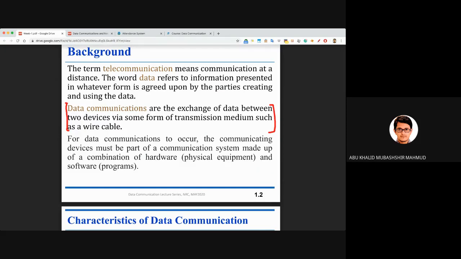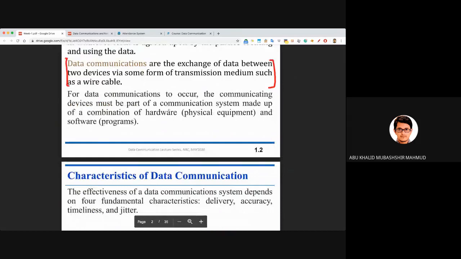Now let's go forward. For data communications to occur, the communicating devices must be a part of a communication system made up of a combination of hardware, physical equipment, and software. From our practical experience, the materials that we are using to communicate are physical equipment, that is the hardware.